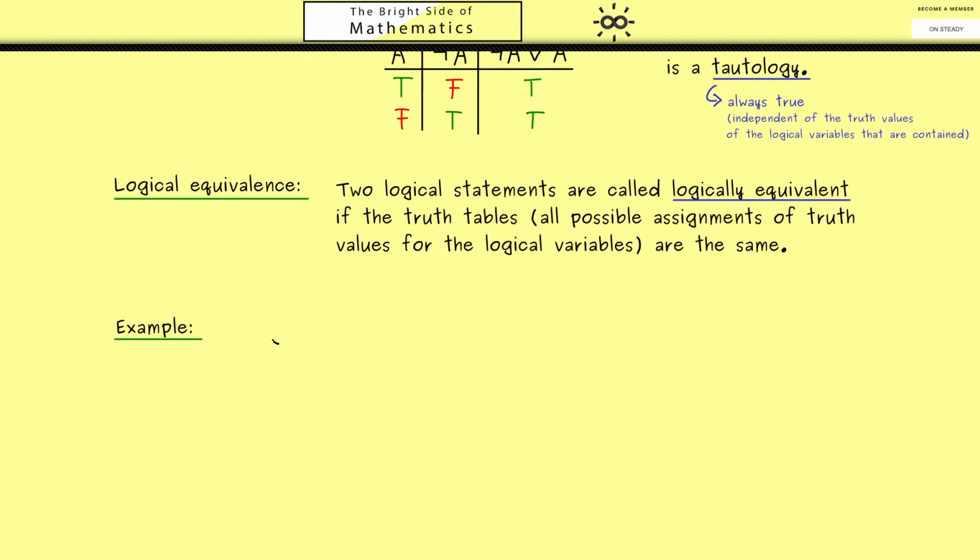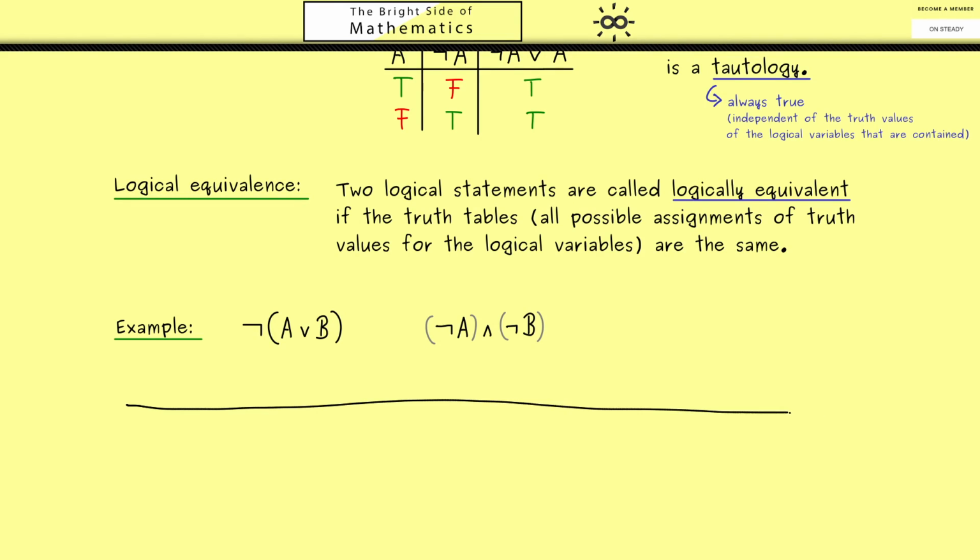Okay, so it looks like a reasonable term, but to understand it, I think we should look at an example. Here I want to consider A or B with a not in front, and also not A and not B. So please keep in mind we need parentheses here, but not here. But of course, if you want, you are allowed to use them here. Okay, then let's do a large truth table.